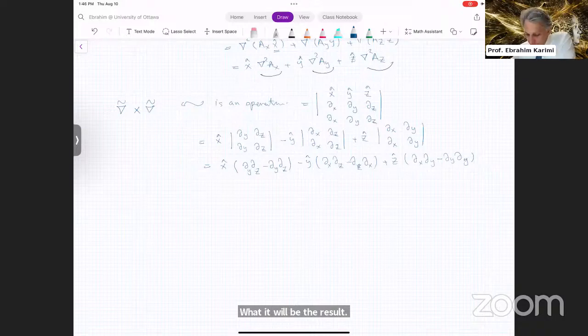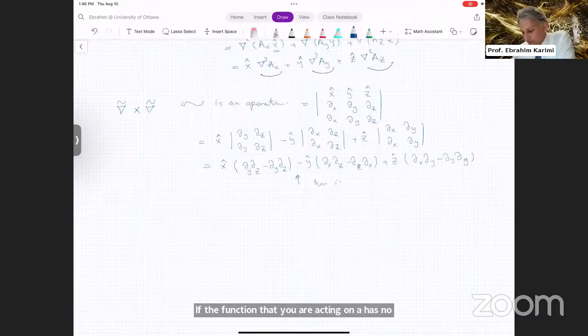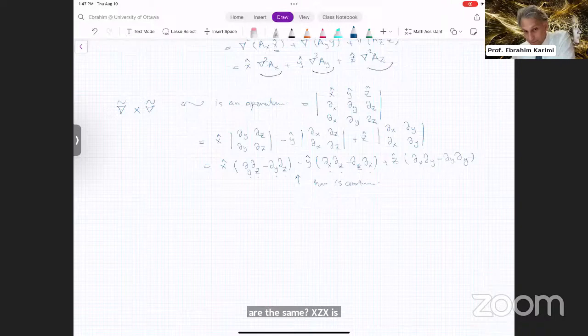If the function that you are acting on has no discontinuity, is continuous, then the derivative with respect to y then z and z then y are the same. x z, z x are the same. x y, y x, they are the same.